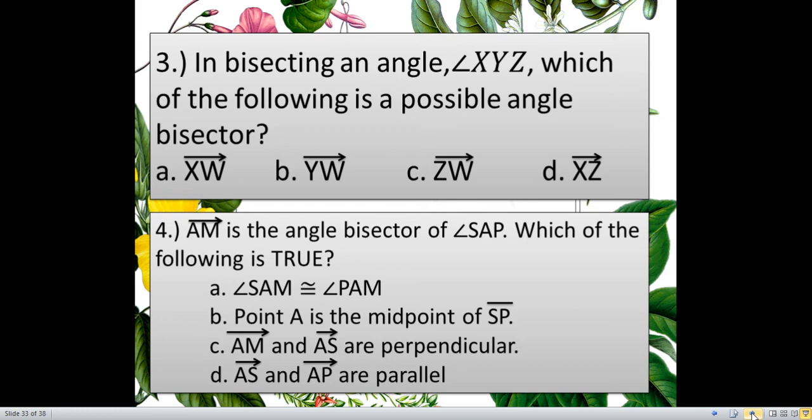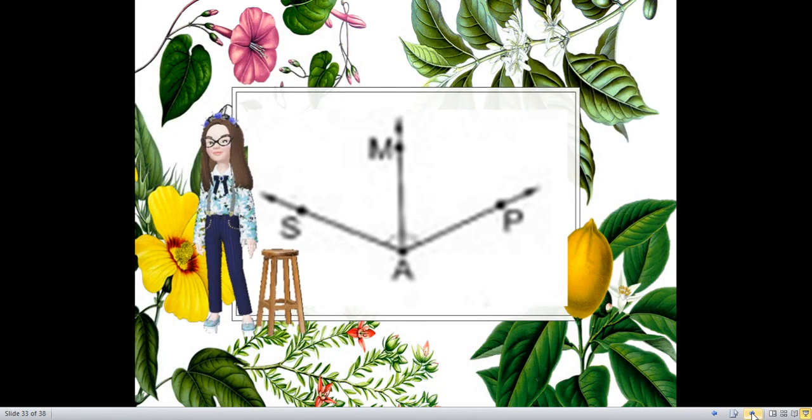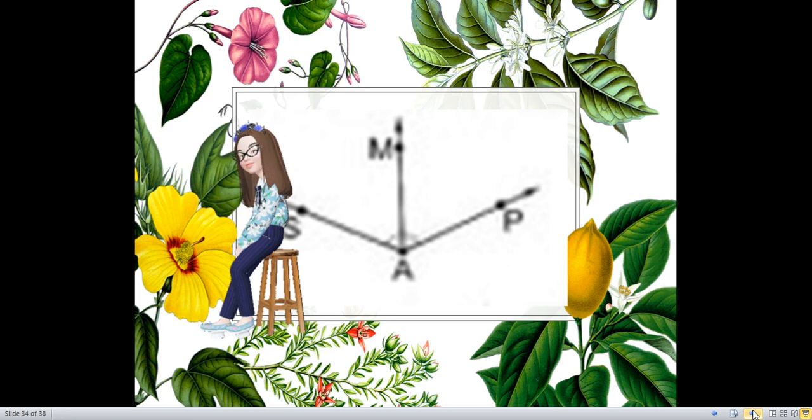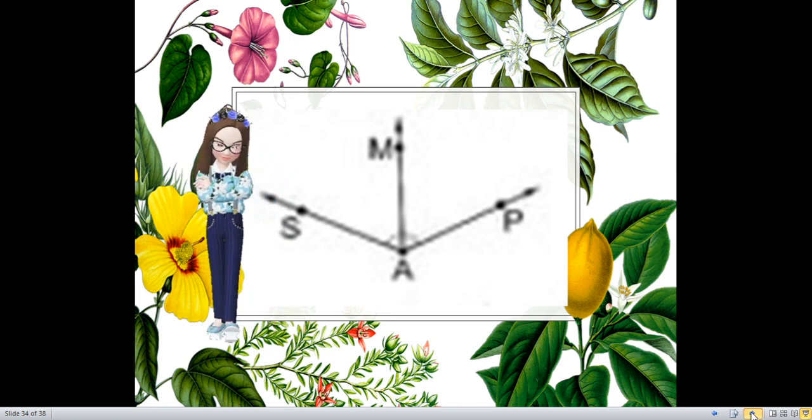C. Ray AM and ray AS are perpendicular. Or D. Ray AS and ray AP are parallel. We also have a figure for item number 4, and here it is. Just take a look and choose the best answer for number 4.